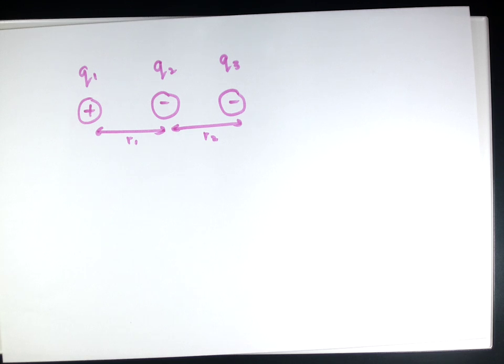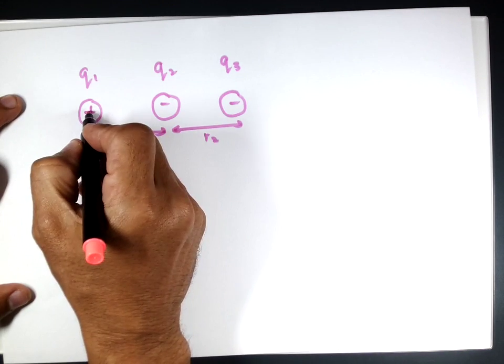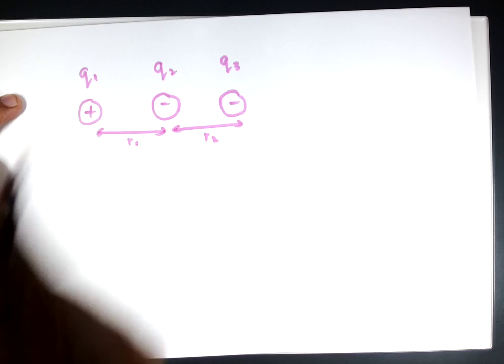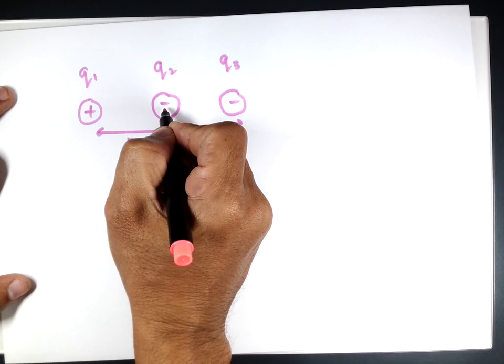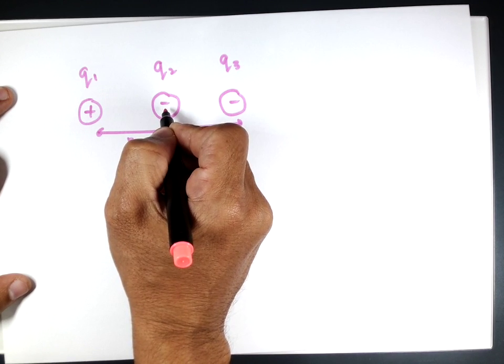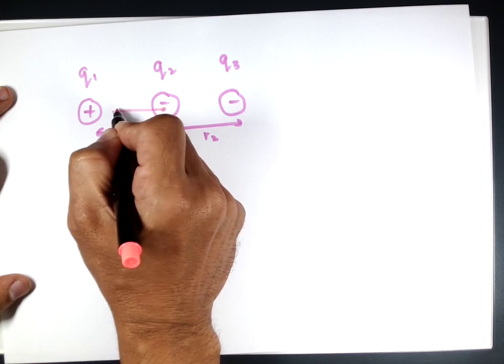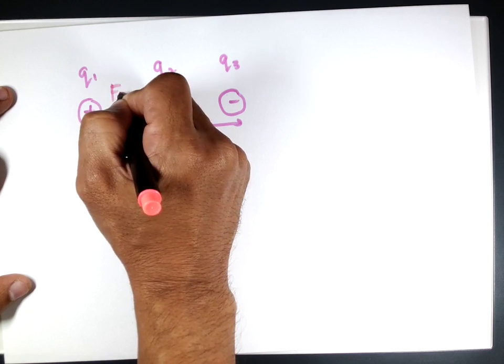So Q2 becomes the test charge, meaning Q2 is the one being acted on. Q1 pushes on Q2, and Q3 also pushes on Q2. So let's say Q1 on Q2 we label as F12. Q2 is acted on, so where does Q2 go? Towards Q1. So this is our F12.